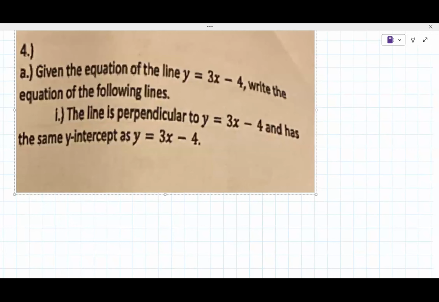Normally we would do the parallel line first, but this one has you doing the perpendicular. We actually should probably do the parallel one first. So we're actually going to do part 2 first.